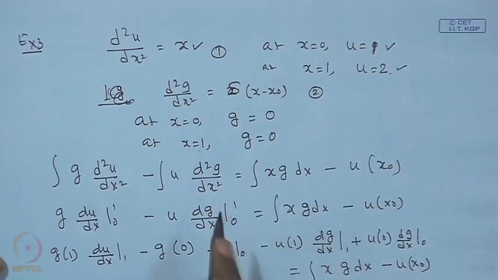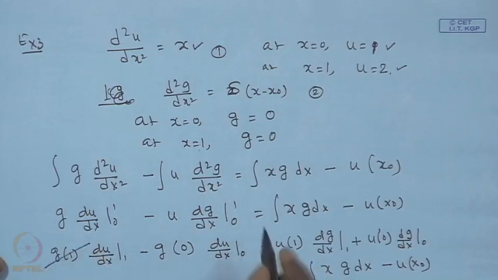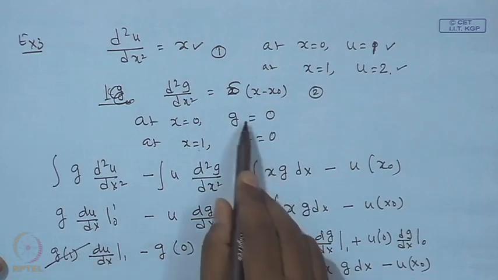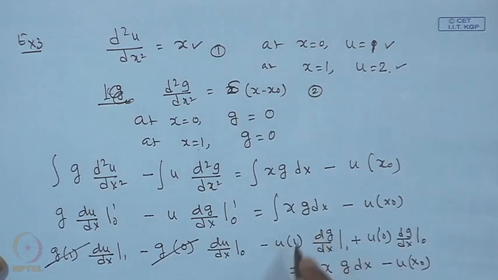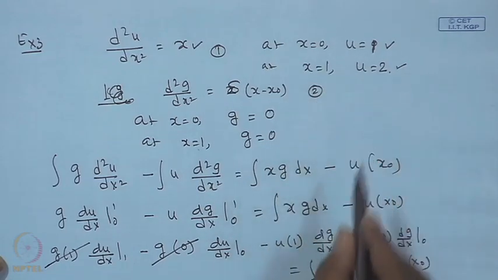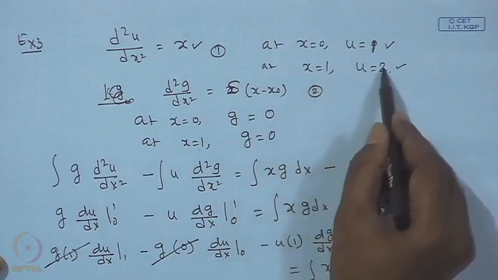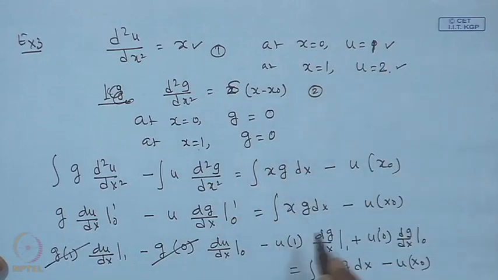So, we have g is equal to 0 at x equal to 0. So, this is gone, g is equal to 0 at x is equal to 1. So, this is gone, g is equal to 0 at x equal to 0, this is gone. u at 1 is 1. So, we put it at 1, u at x is equal to 1 is 2. So, we put a 2 there, u at x is equal to 0 is 1. So, we put a 1 here. So, let us see what you get.